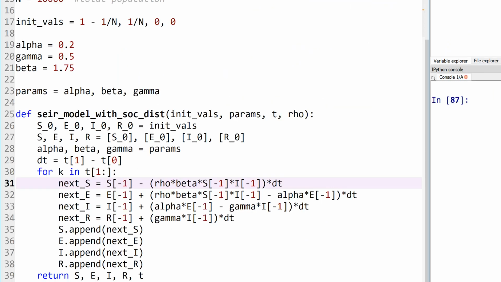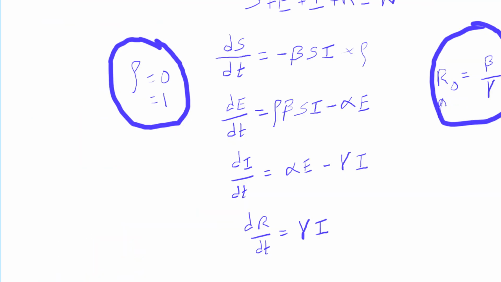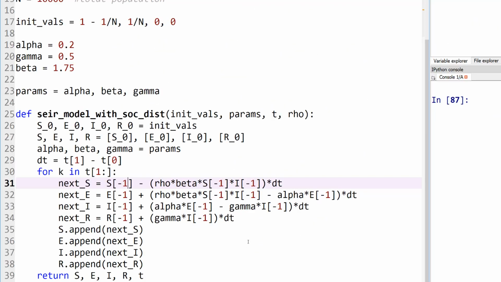That's all this is. I'll share the code, or you can pause the video and study this, but all of this is basically what we have written down in the form of equations.